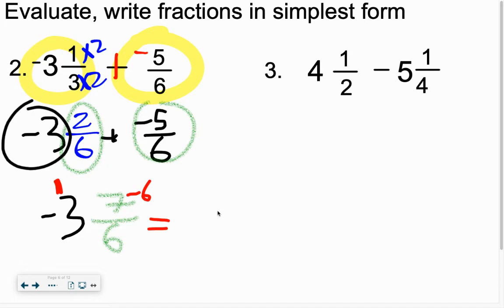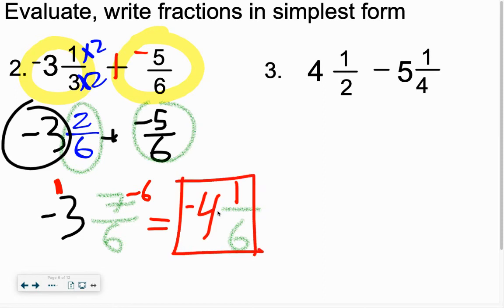Take the 6 away from the top, you're left with 1/6, and you're not going to put in a 3 there. Make sure you add one more to that 3. So we have now 4, and make that a negative because it's going to stay negative. You cannot simplify 1/6, so we're done.